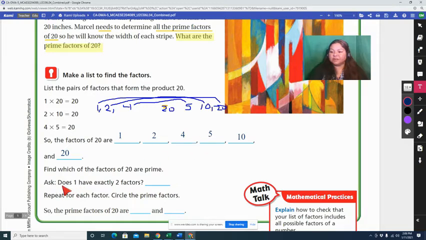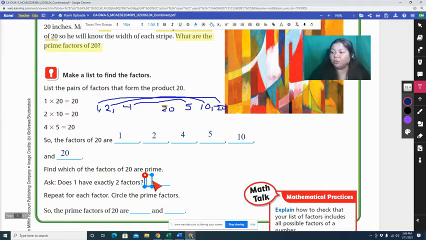So you ask yourself, does 1 have exactly 2 factors? Well, you can only make one by multiplying one times one. So one is not considered, we will not even use it. We don't use one as a prime factor because it does not have two factors.